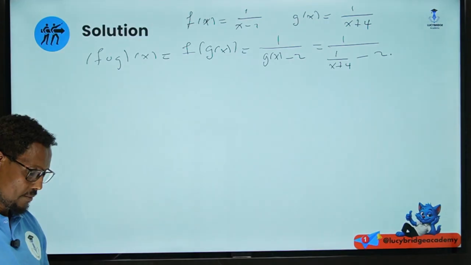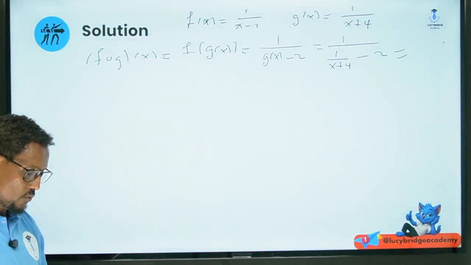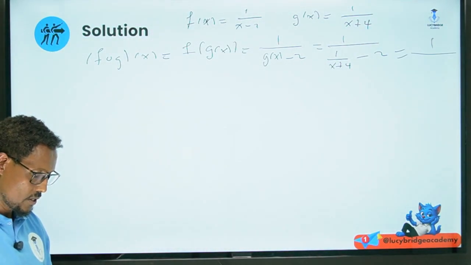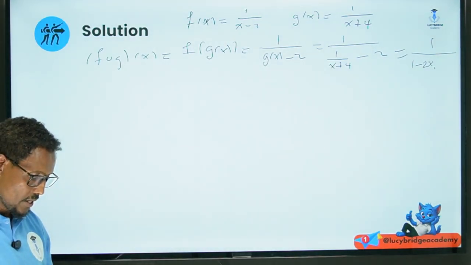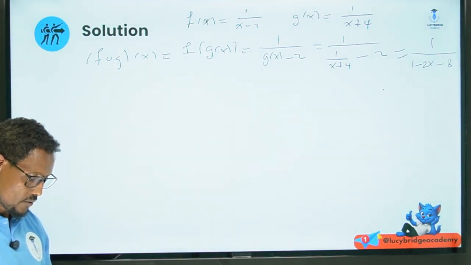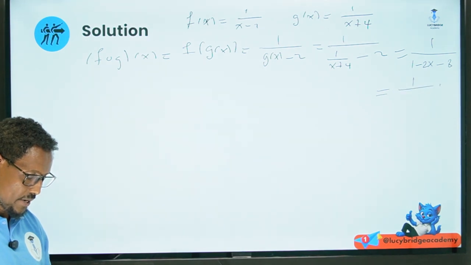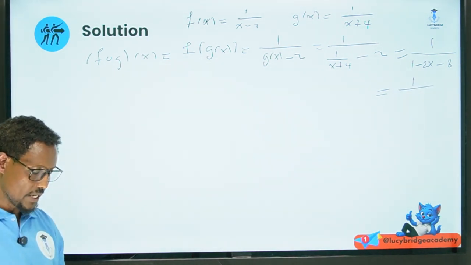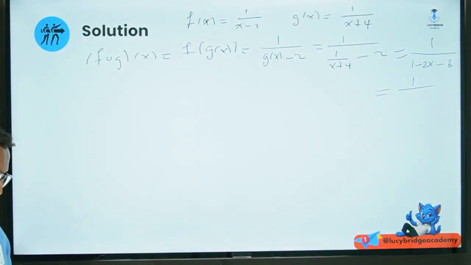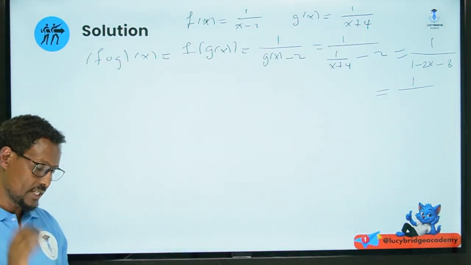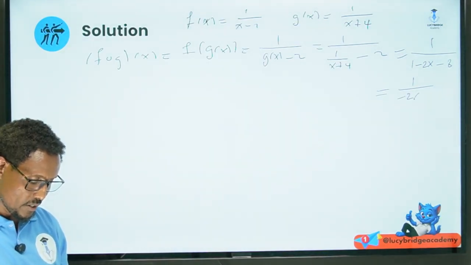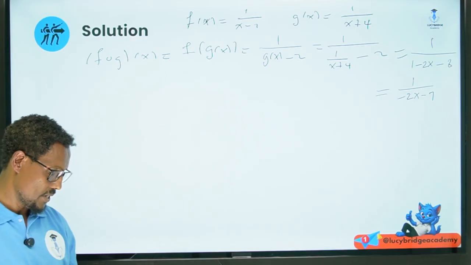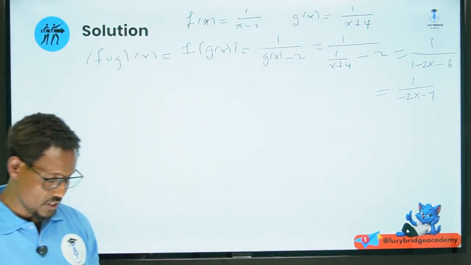Which is equal to 1 over (1 minus 2x minus 8), over x plus 4. 1 minus 8 is minus 7, so minus 2x minus 7. This is f circle g.